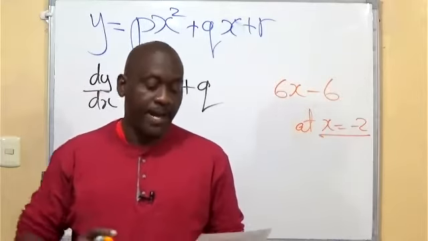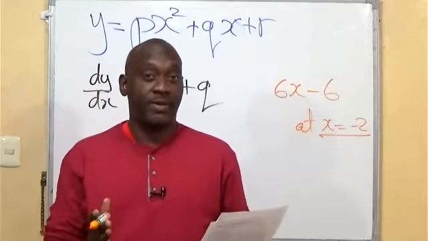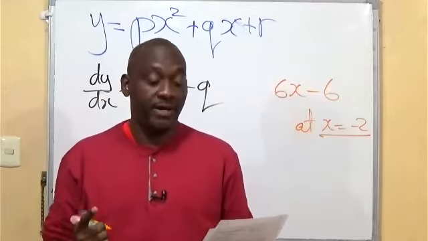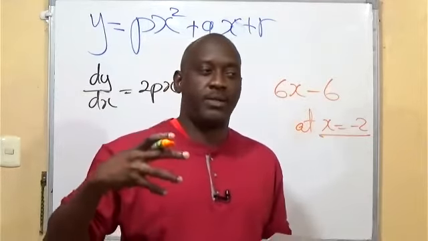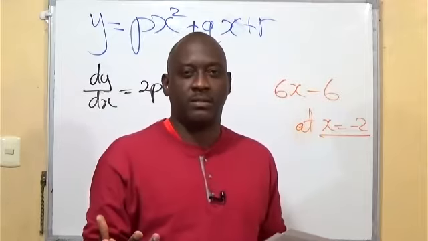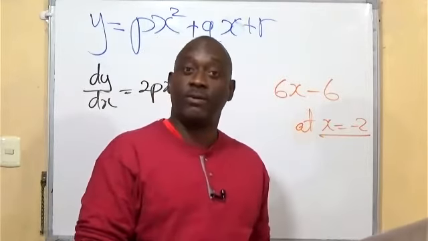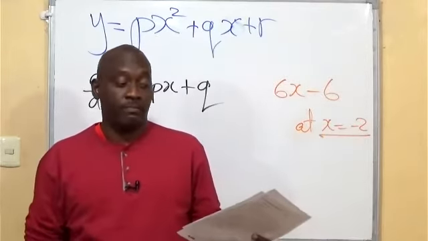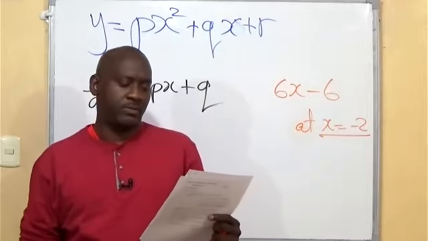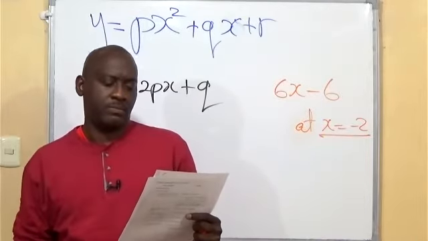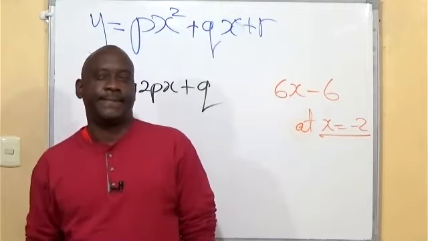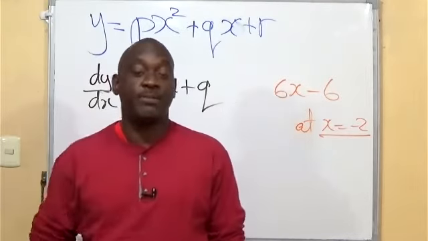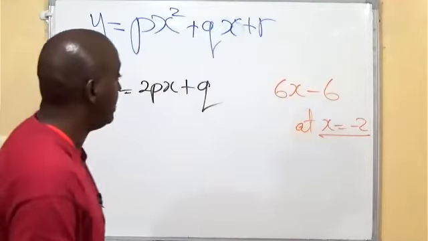They said at a stationary value of minus 2. So you are expected to know what that means when they say a stationary value of minus 2. The stationary value means x equals minus 2. Let me just leave it at that.